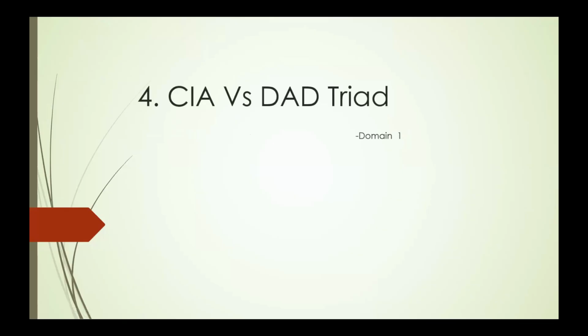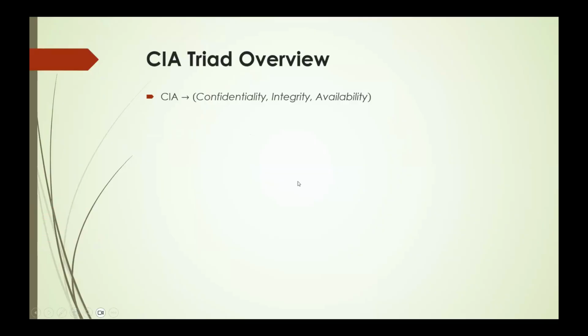CIA, we already have learned in the previous video, which is confidentiality, integrity, and availability. So DAD is considered exactly opposite to CIA. So what is DAD? Before going to see what it is, let's have a recap of what the CIA triad is.